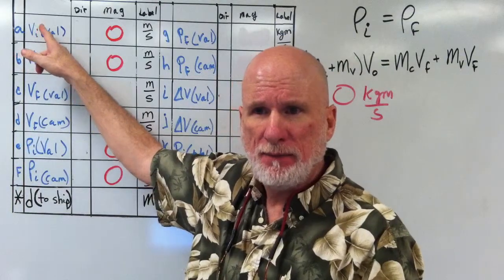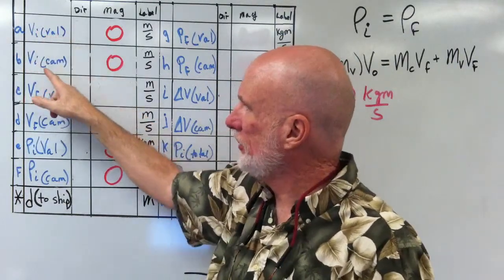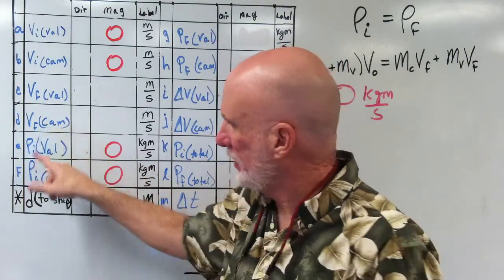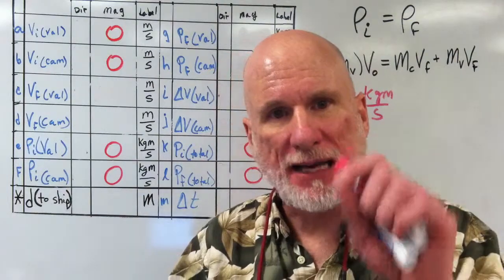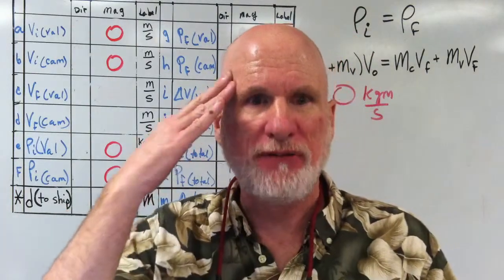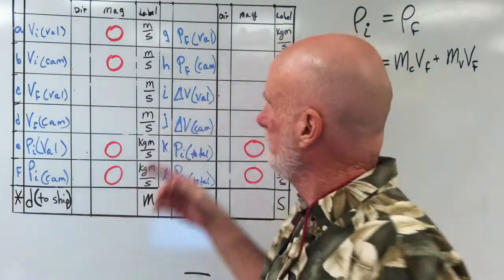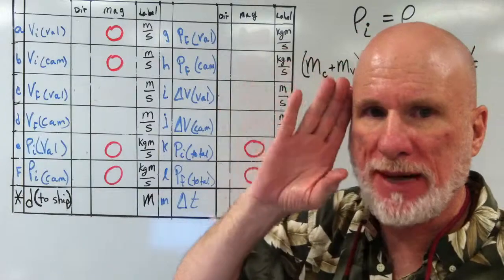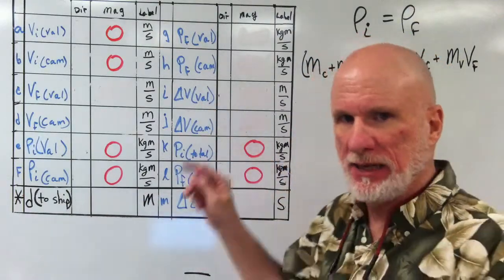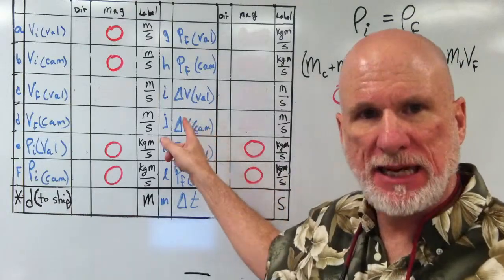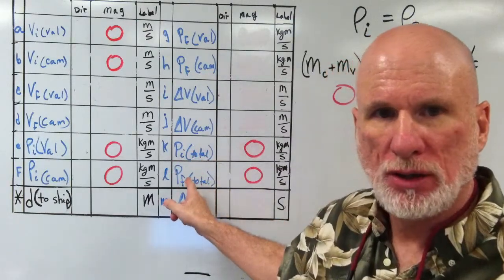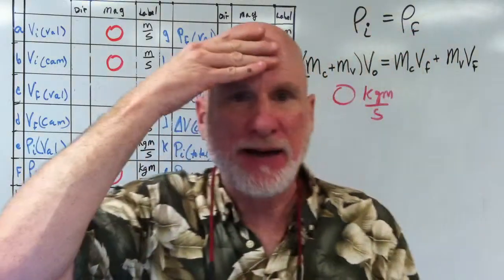This is the initial velocity of Valentina, the initial velocity of the camera, the final velocity of Valentina, the final velocity of the camera, the initial momentum of Valentina, the initial momentum of the camera, the distance to the ship, 15 meters, the final momentum of Valentina, the final momentum of the camera, the change in velocity of Valentina, the change in velocity of the camera, the total initial momentum, the total final momentum, and I've filled in a few of the things already.